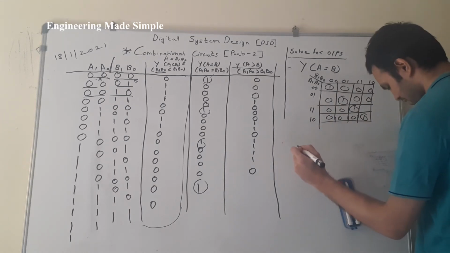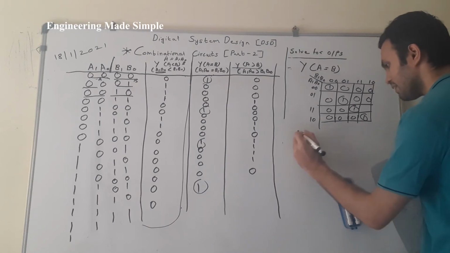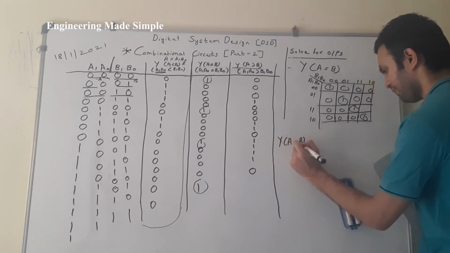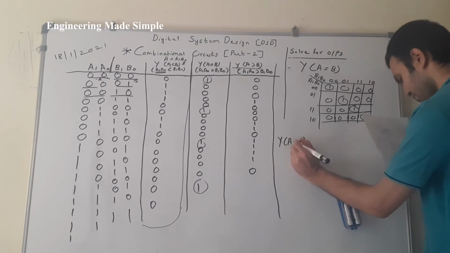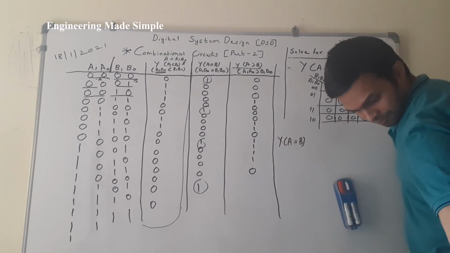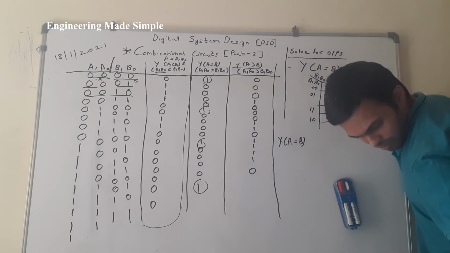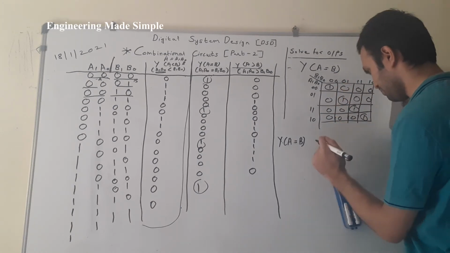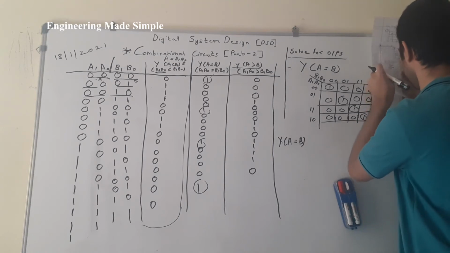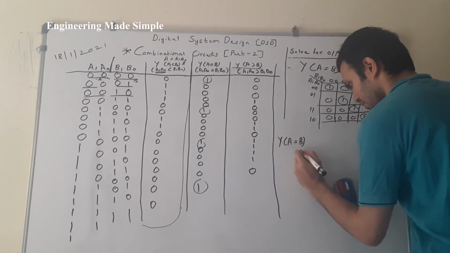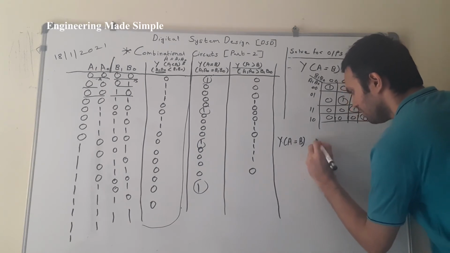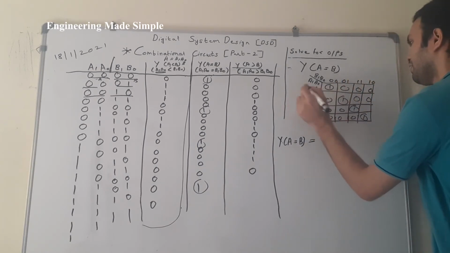So let us write the equation for this particular case. Y for A is equal to B is nothing but, this will be a big equation because no grouping was possible in this case. Now read these particular terms.